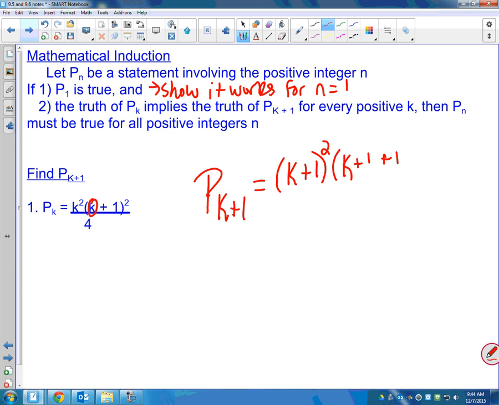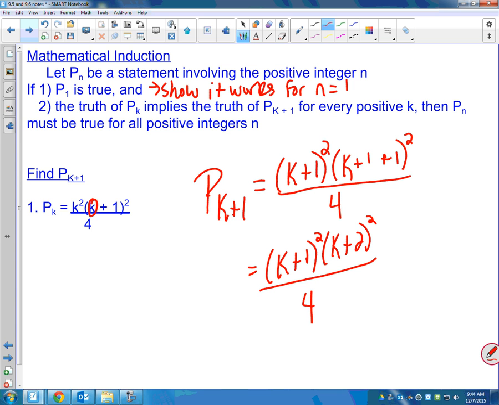So that's really going to become k plus 2 squared, and the bottom doesn't change. So the k plus 1 term is just changing every k to k plus 1. Questions about that?